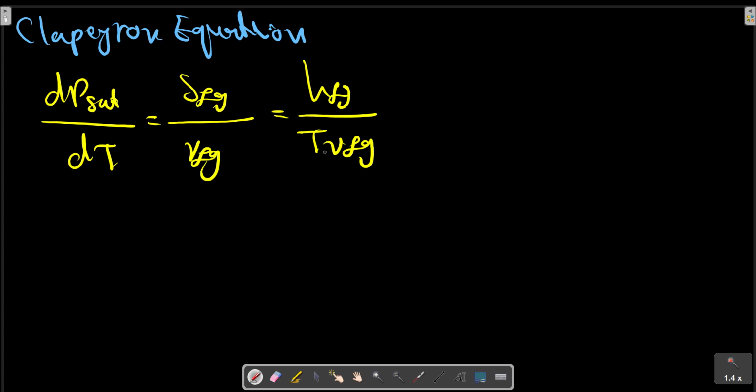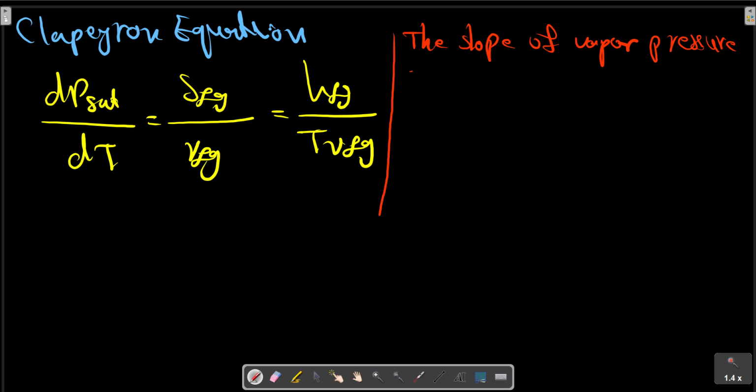With this equation, we can determine the slope of vapor pressure as a function of temperature.